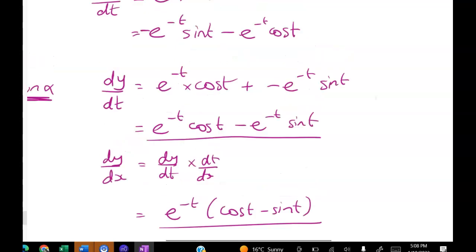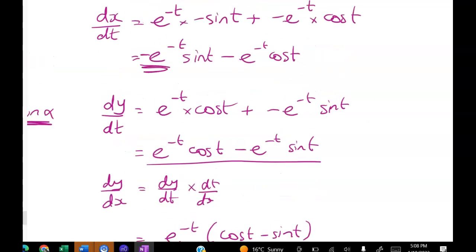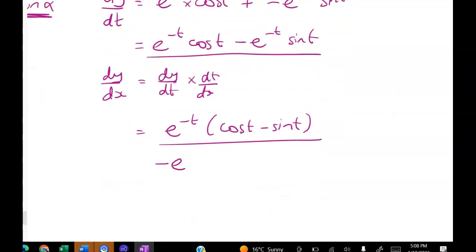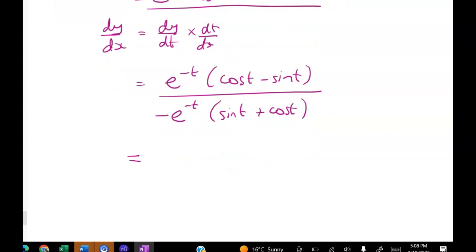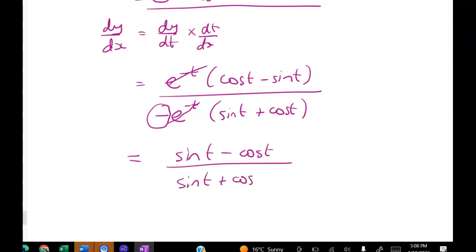And in the denominator, I'm going to take out this as a factor, negative e to the negative t times sine of t plus cos of t. I'm going to rearrange my numerator to take account of this negative sign. So that's equal to sine of t minus cos of t divided by sine of t plus cos of t.